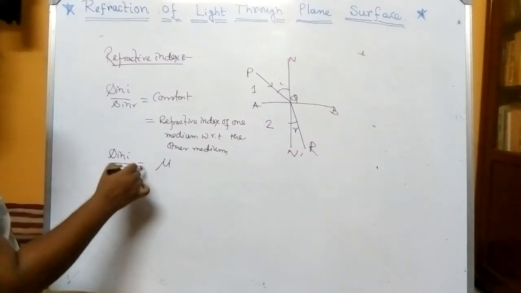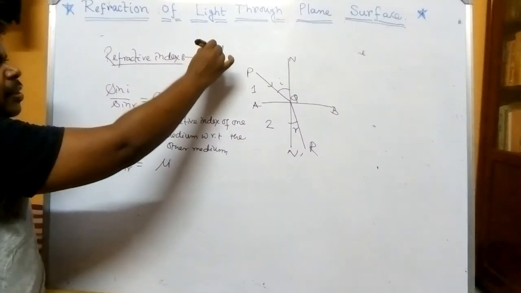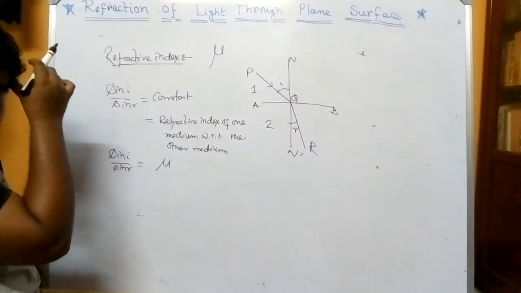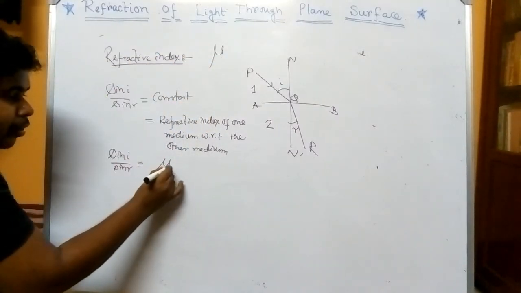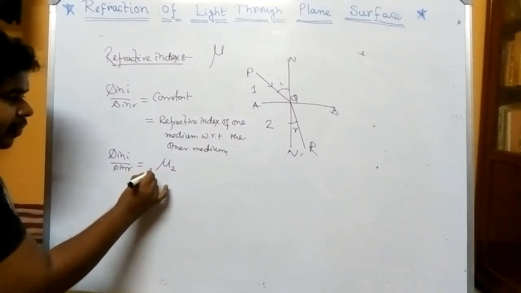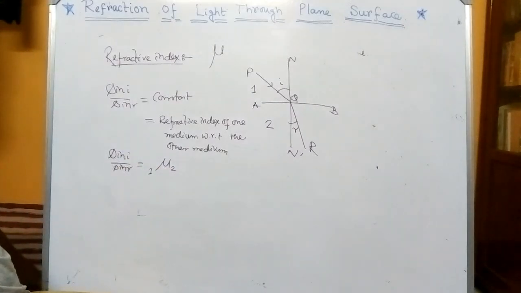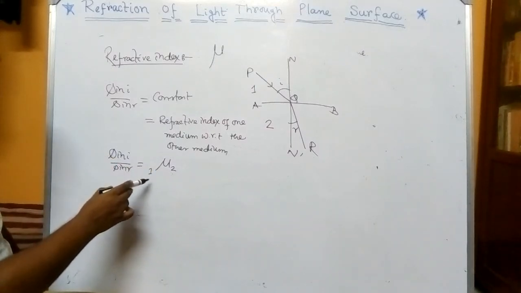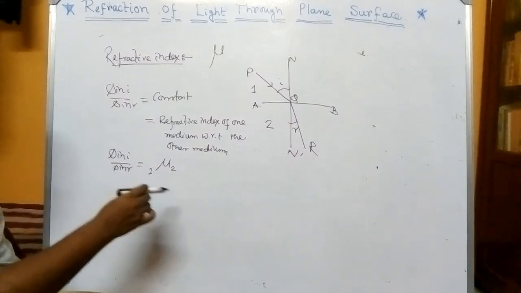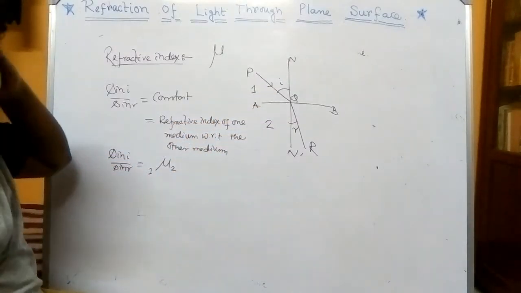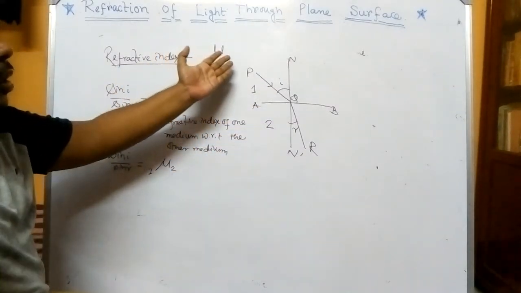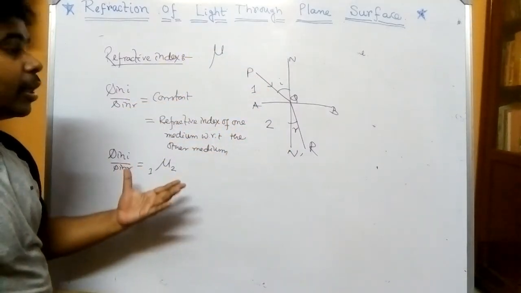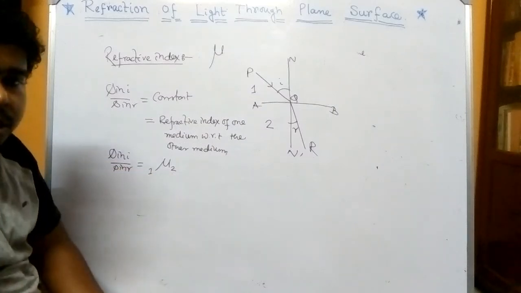This U-shaped symbol is known as mu. It is written like this: one side is a little longer and the second side is shorter. So it is written as mu 2 1. It justifies that it is the refractive index of medium 2 with respect to medium 1. That means from whichever medium the incident light comes, we have to define the refractive index with respect to that medium.